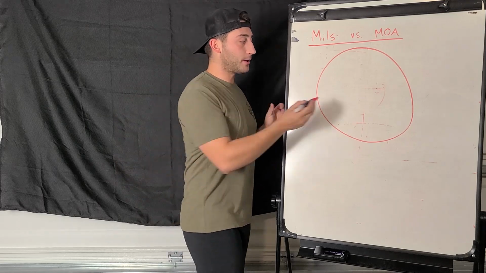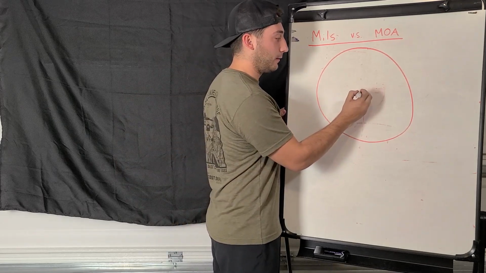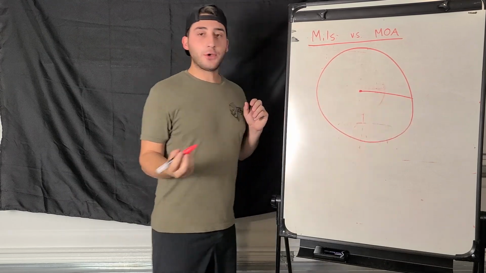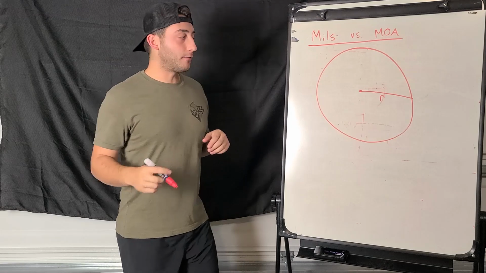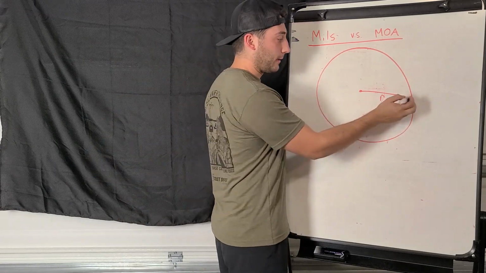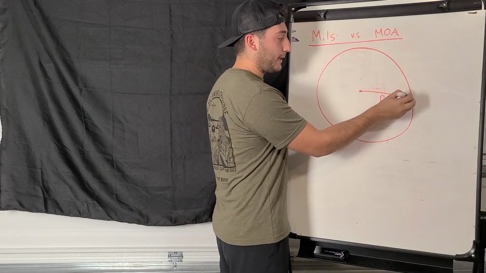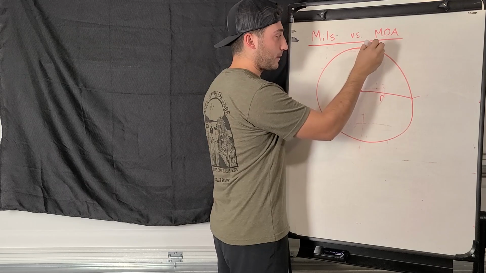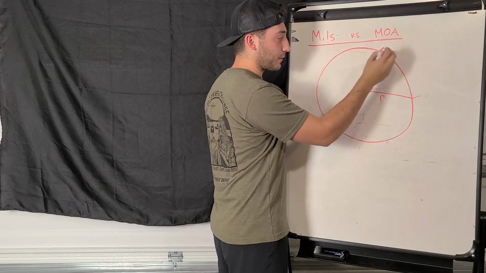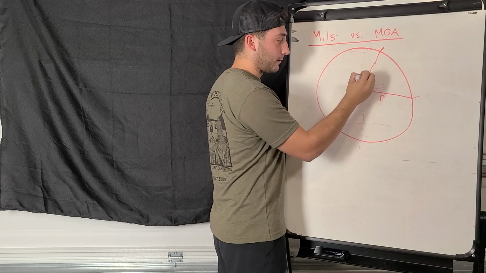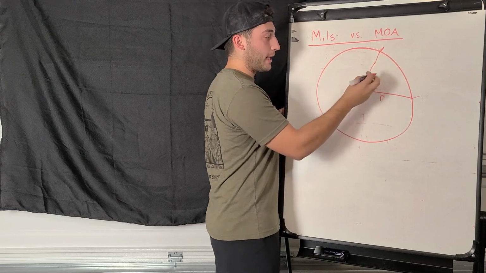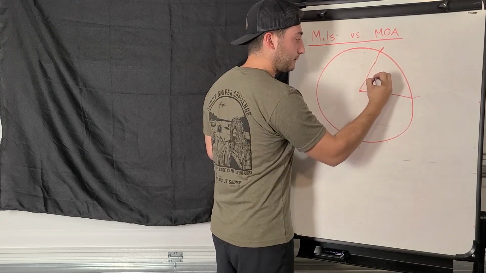Everybody understands that from the center of a circle to the edge is known as the radius. Now if we were to take that length and place it across the actual edge, or the circumference, and then bring that length back to center, we would have what's known as a radian.